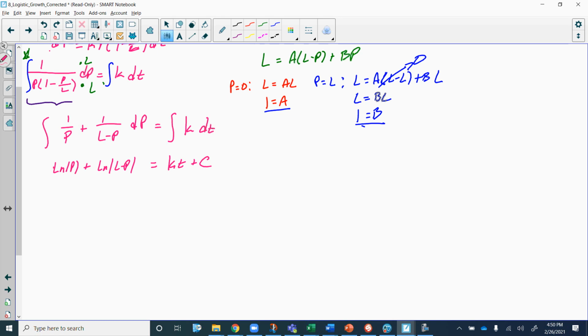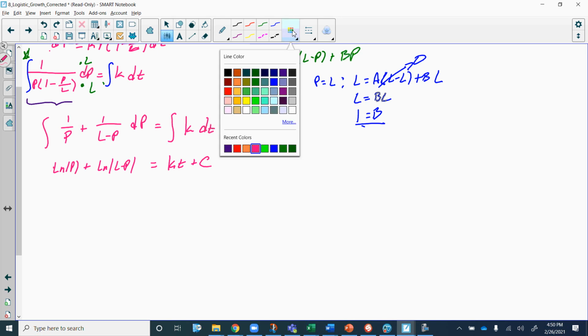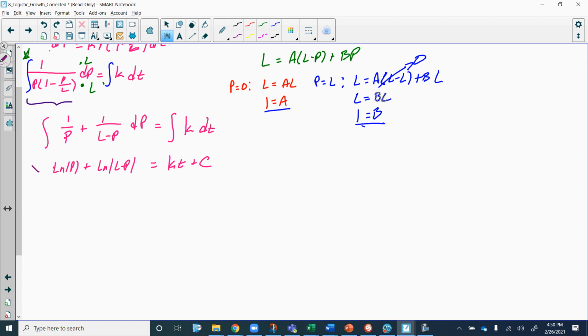Now at this point, there's something that a lot of students are not necessarily going to see on their own. What I'm looking at specifically is what's inside of this absolute value, or parentheses, or however you have it written. Let me write this over here on the side.